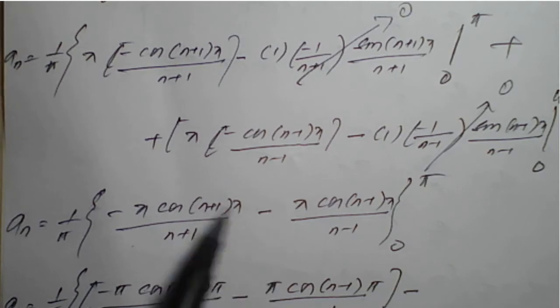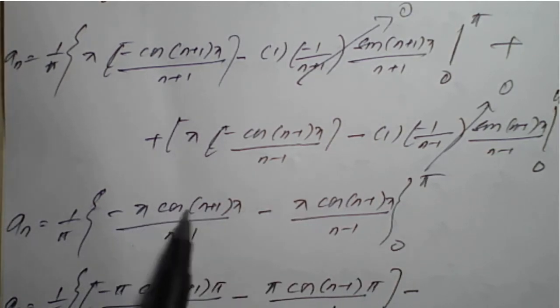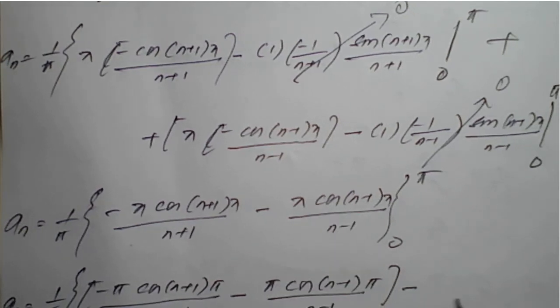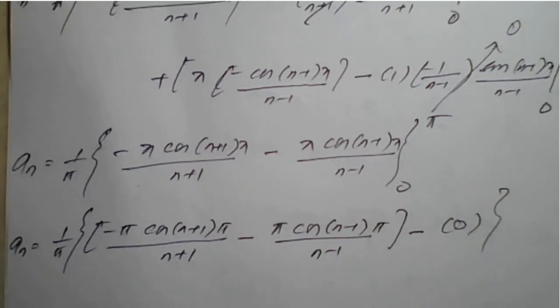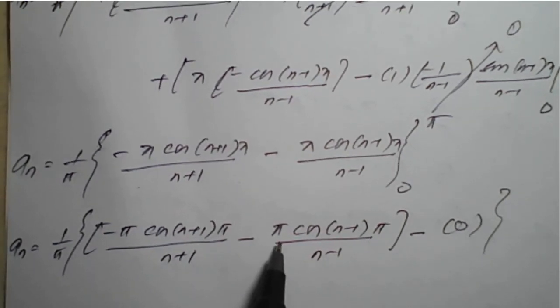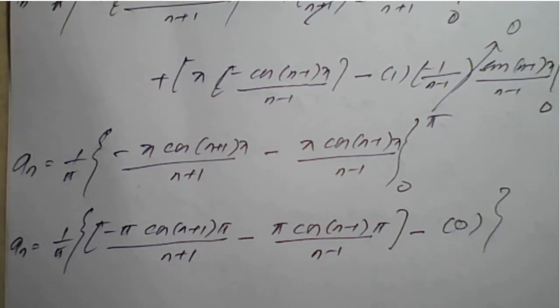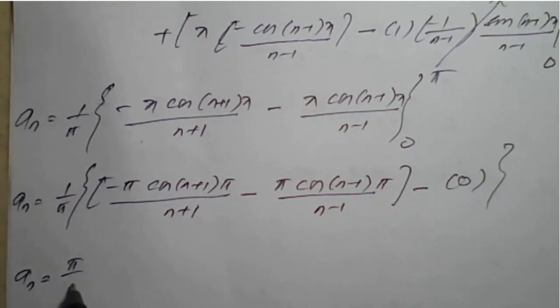The lower limit, both terms have x, so x replaced by 0 makes the entire term 0, so the lower limit will be 0 completely. On final simplification, this pi we take outside common. So a_n is equal to pi upon pi.